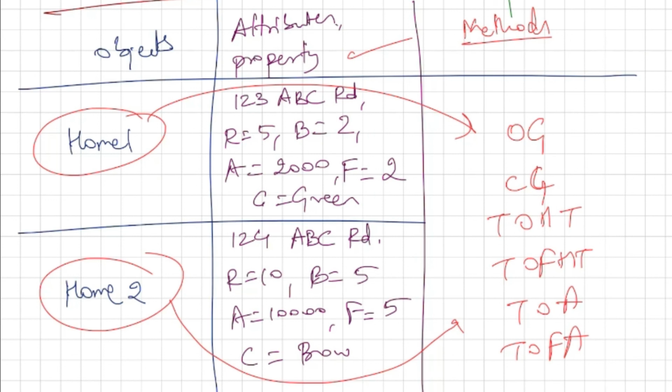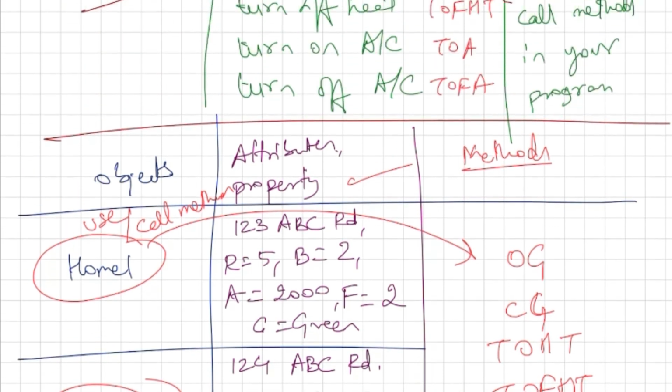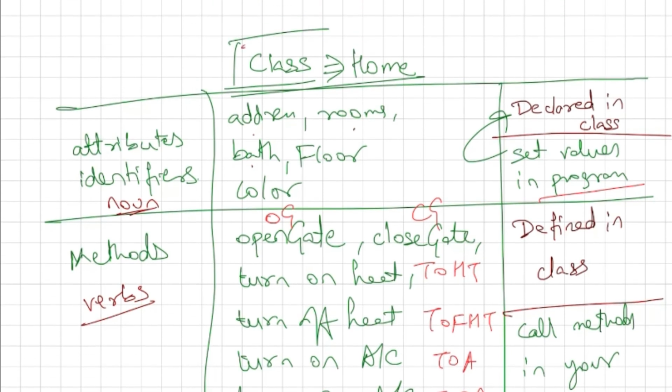Call means you can use those methods. Okay, you don't have to do anything more. You can use those methods to do some things here and there. So this is the basic concept of class with the example of home. We'll discuss another important topic in this concept called object oriented programming.